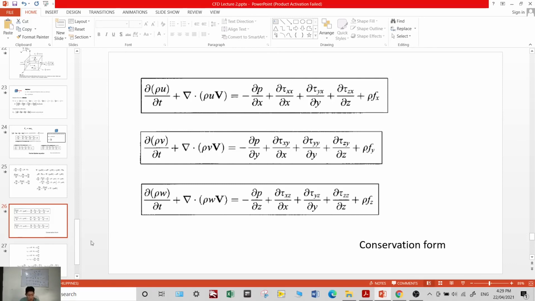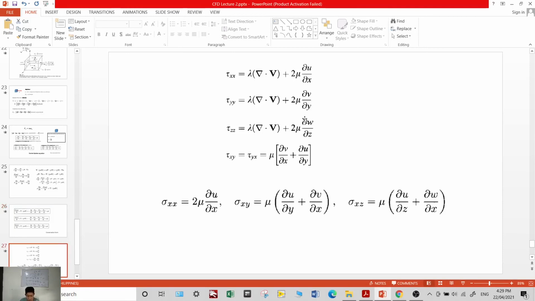So, Stokes derived the values for these using the Newtonian fluid assumption. Newtonian fluid meaning the shear rate, or the change in velocity, is linear with the shear stresses.